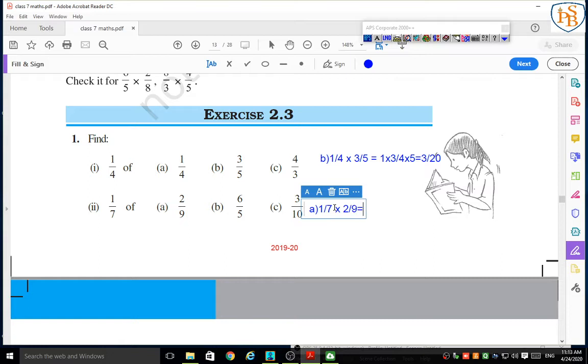Instead of 'of' I put a multiplication sign. So it is equal to 1 upon 7 into 2 upon 9, that is 1 into 2 upon 7 into 9. So my answer will be 1 times 2 is 2 upon 7 times 9 is 63. So this will be my answer.